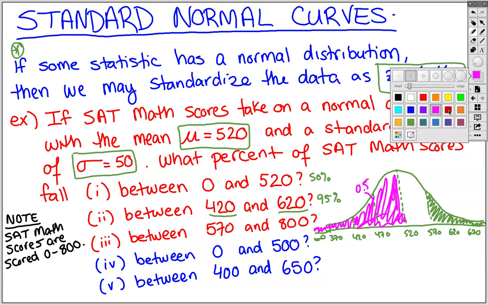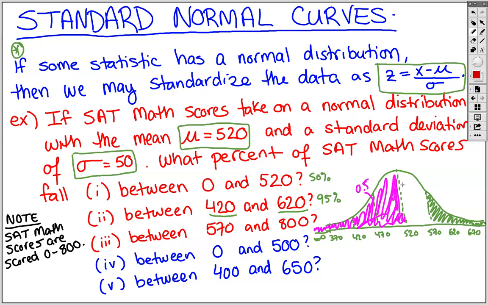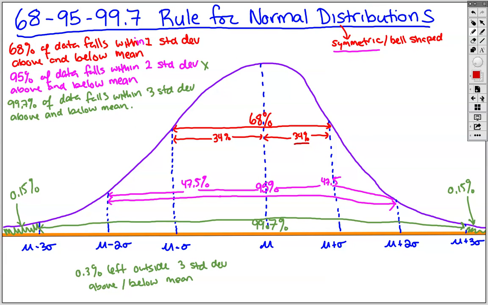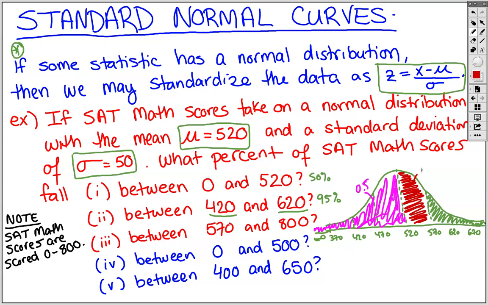And then we also know that this bit between the mean and 1 standard deviation above the mean, what did we say back here? We said that was 34, right? So we know that this is 0.34. And so remember, the area under the whole curve is 1. So if we just subtract 0.5 and 0.34 from 1, we get what we want, which is this bit right here. We want this bit.